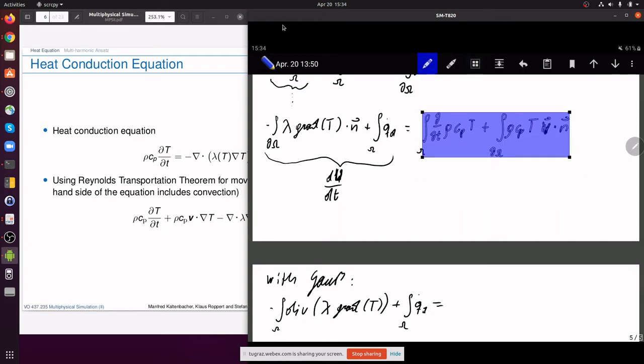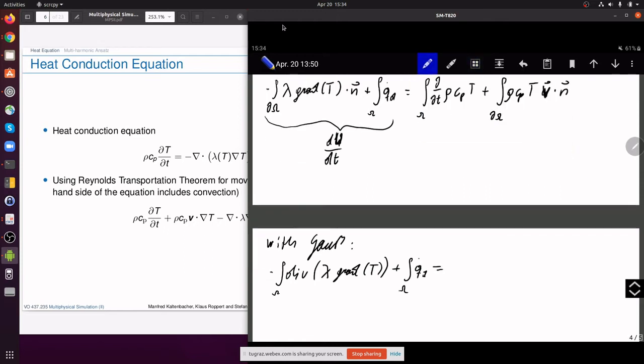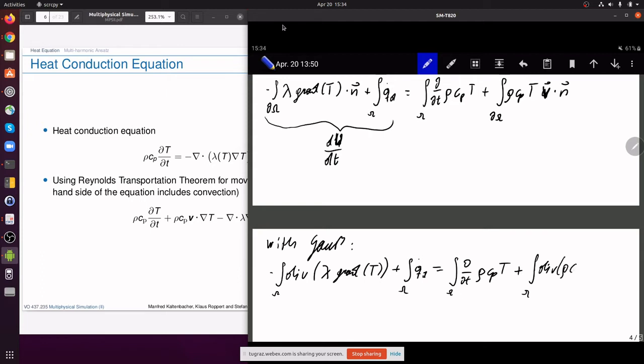There's no change; we only rewrite the boundary. So this stays the same: d over dt of rho Cp T, plus, now we use Gauss's law again for this boundary term, the divergence of rho Cp T v.